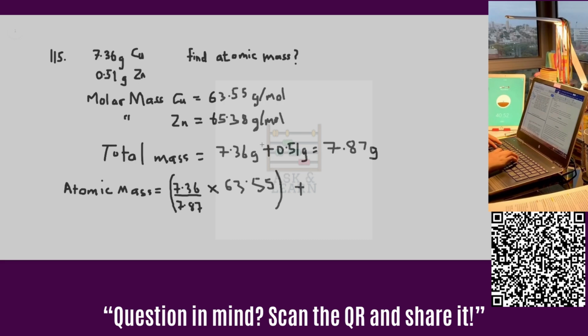Now we have to do the same thing for zinc, right? So for zinc, we have 0.51 grams present. The total mass again of the sample is 7.87. So that's the ratio of zinc in our sample. Multiply this by the molar mass of zinc, which is 65.38.